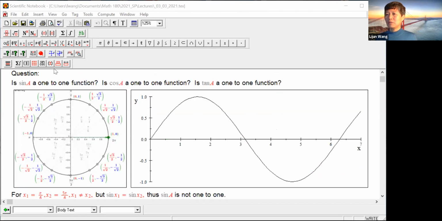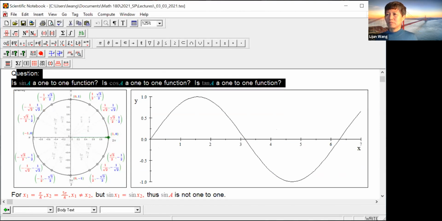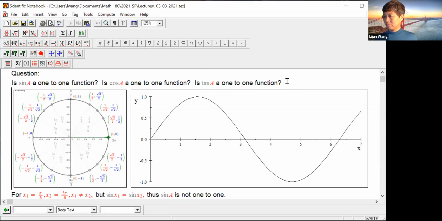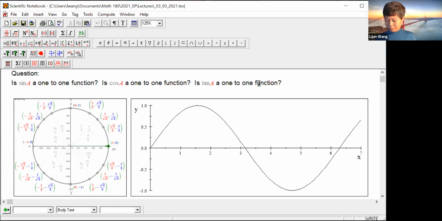So now we have answers to this question. No inverse. They're not 1 to 1. If they're not 1 to 1, they don't have inverse.